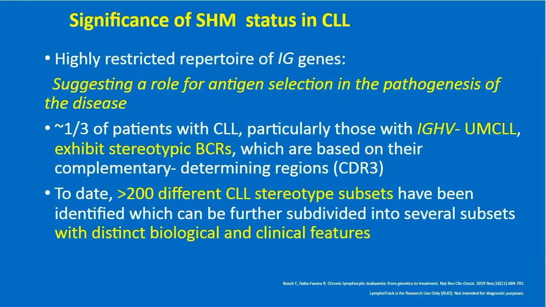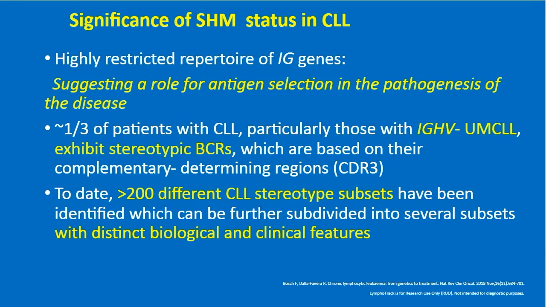And then, as we know, the SHM status, the variable region status, shows a highly restricted repertoire of Ig genes, suggesting again a role for antigen selection in the pathogenesis of the disease. Almost 30% of patients with CLL, IGHV unmutated CLL, also exhibit stereotypic or quasi-identical B cell receptor sequences.